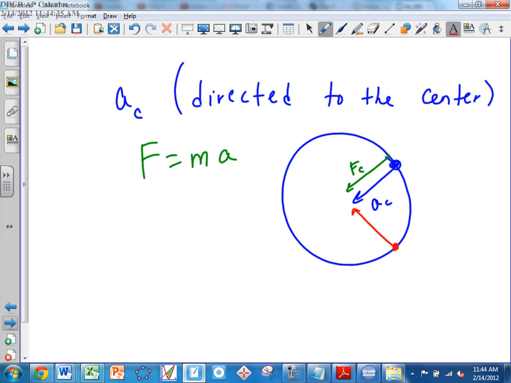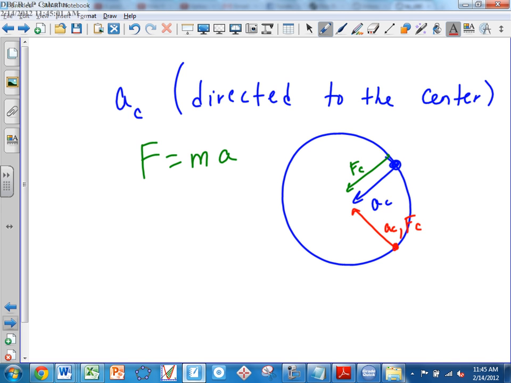Your acceleration and your force always act in the same direction due to Newton's law, F equals ma. Not only is the acceleration center seeking, but the force is also center seeking. AC, FC, they're both acting toward that direction.